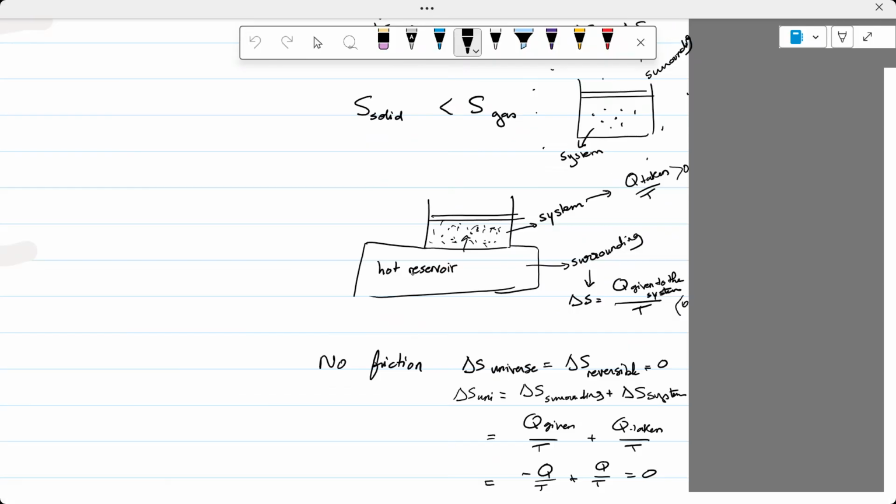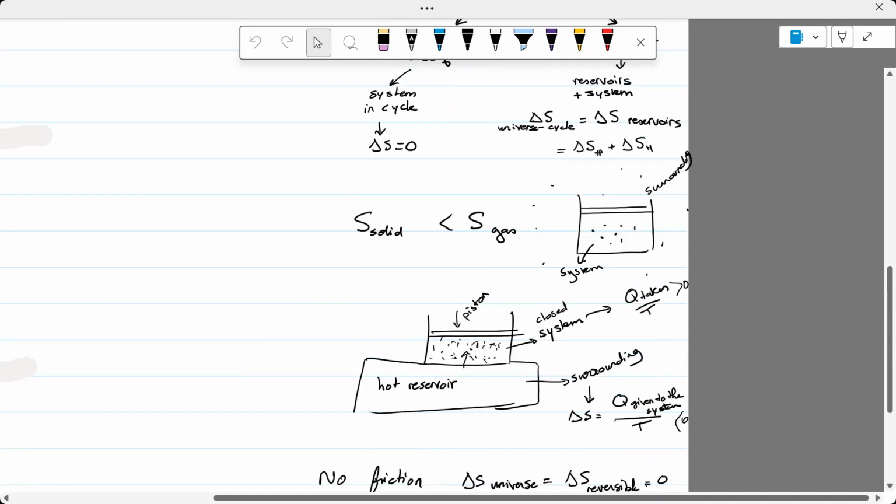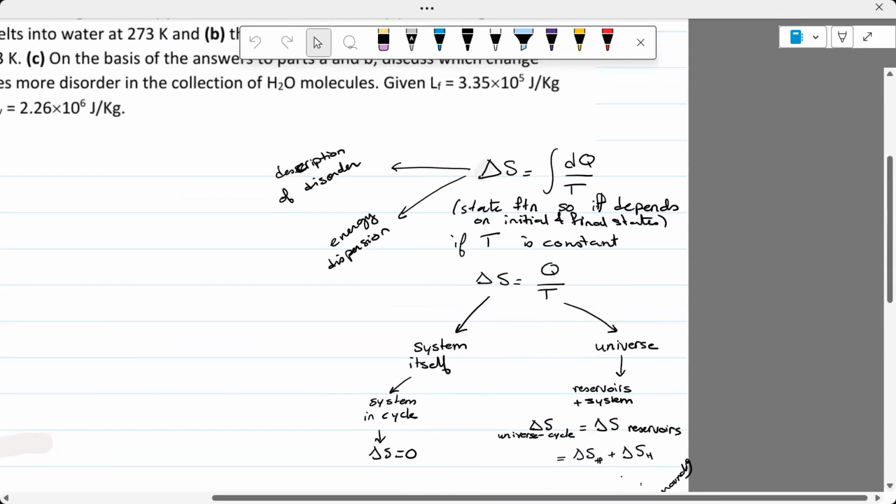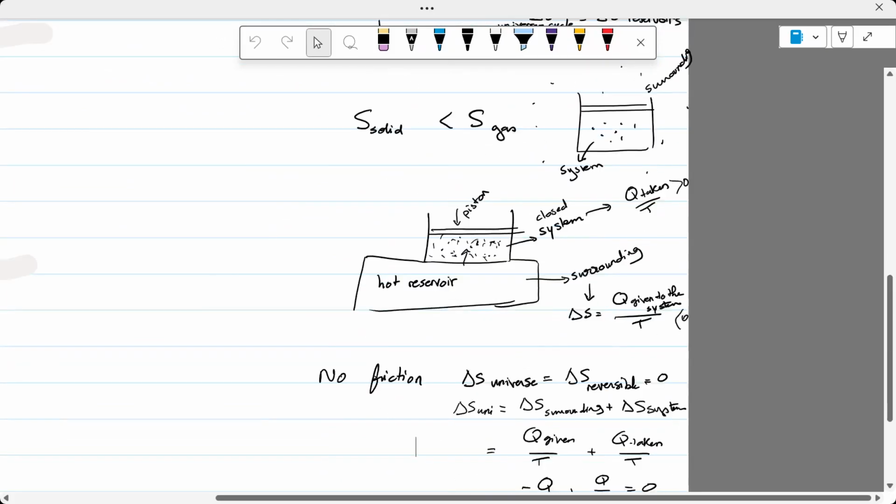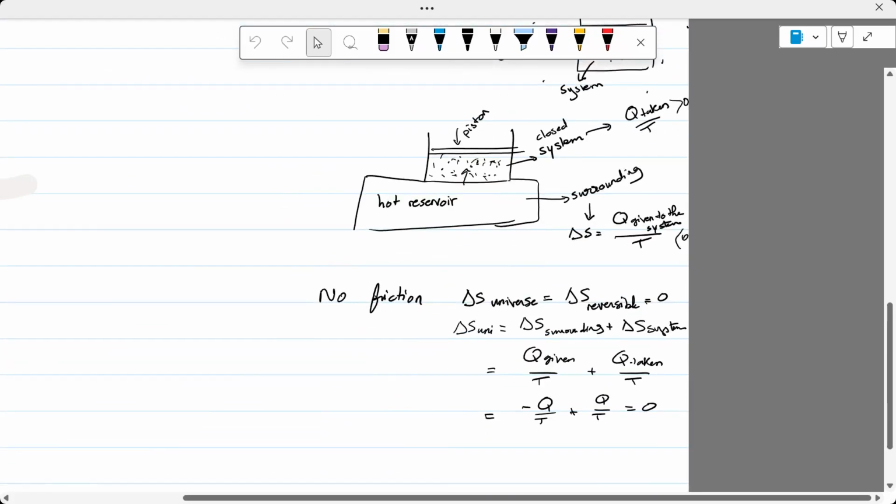It's not isolated because heat is entering the system, and it's not open because no material is leaving from the container. So this is a closed system, if I would like to identify that. Any questions here so far on the concepts? You might find them confusing still, but as we do the practice, you will get used to it.